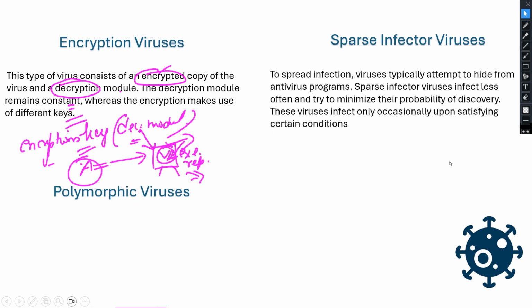Let's move to the next virus type, that is sparse infector viruses. To spread infections, viruses typically attempt to hide from antivirus programs.